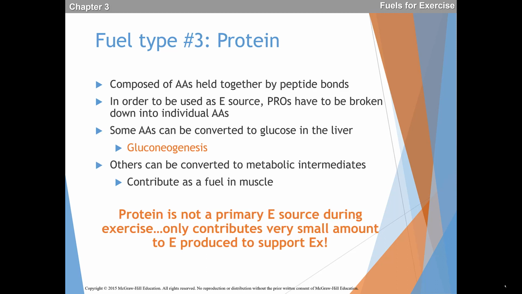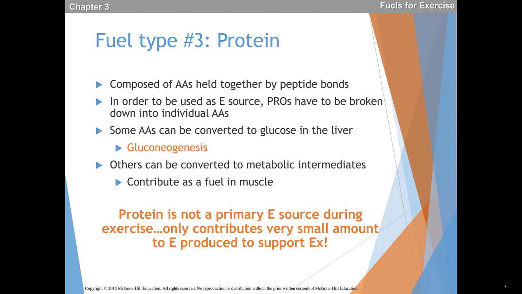Finally, our third type of fuel is protein. Proteins are made up of amino acids that are stuck together by peptide bonds. If you're going to use amino acids as an energy source, they need to be removed from the protein that they're a part of. So in order to use protein for fuel, you have to break it down into its amino acid subunits. Then these amino acids go through a pretty intricate process in order to get converted into a usable form.